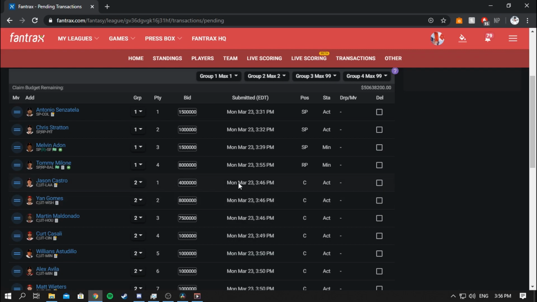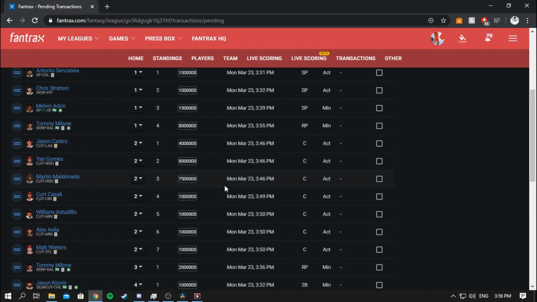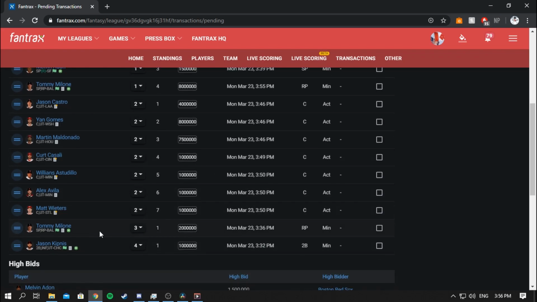So now that I have them 2 places on the screen, what I'm trying to get at is, say Tommy Malone's name comes up, it's his turn to get awarded to a team. This bid is in here on its own for $2 million, and if it accepts that as the highest bid, then I'll get Tommy Malone for $2 million.